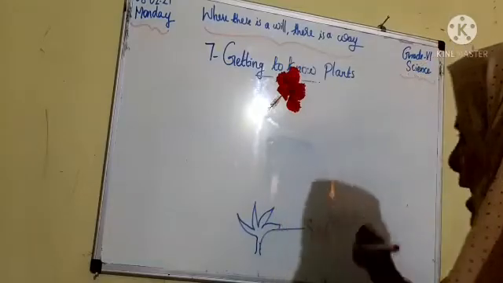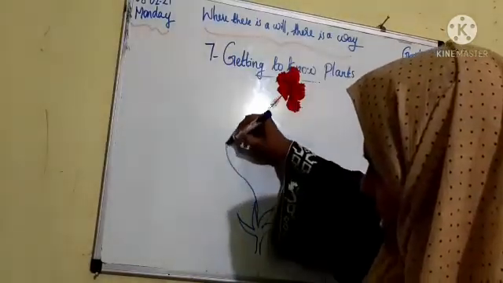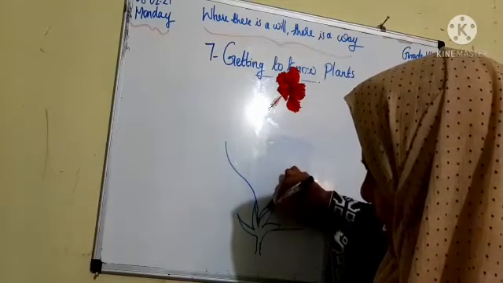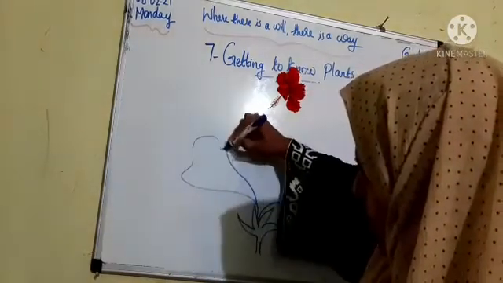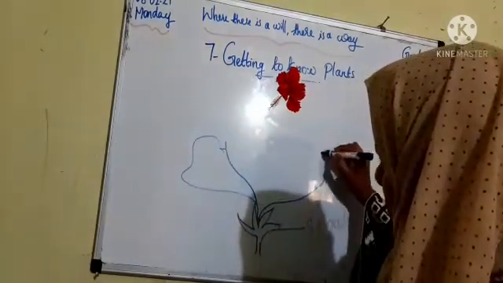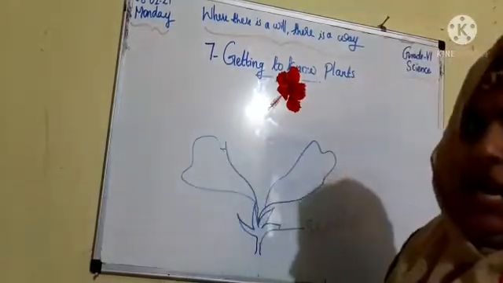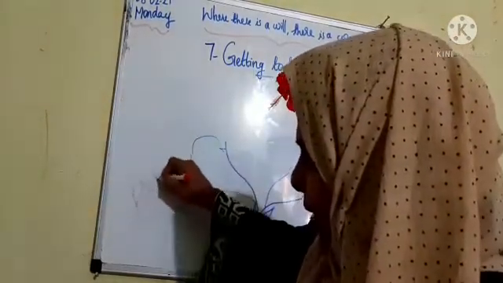From this sepal we can see the flower is enclosed in the sepals. And here I am drawing the different bright colored parts of the flower that we call petals.